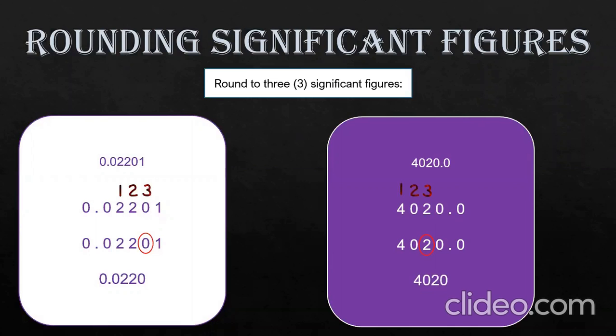However, we're dealing with digits in front of the decimal point. So again, to maintain the highest place value, we would need to keep that 0 as a placeholder. We're referring to this 0 here. So only 402 would be significant, and this final 0 here would be a placeholder, not a significant figure.